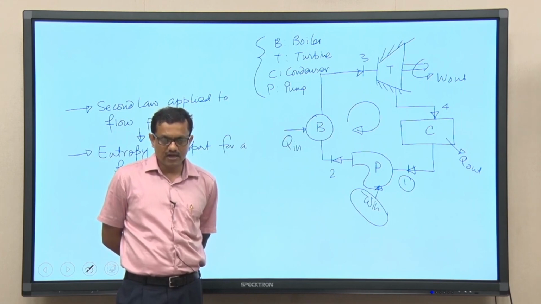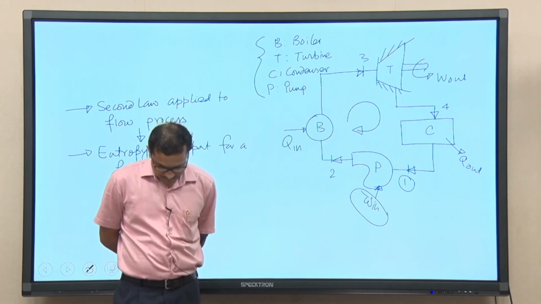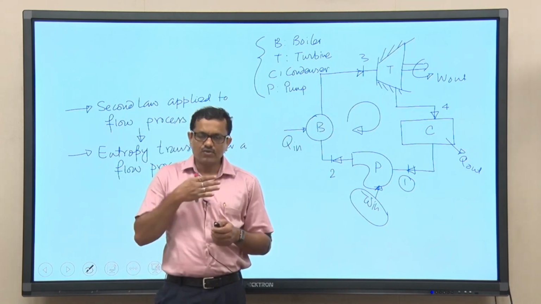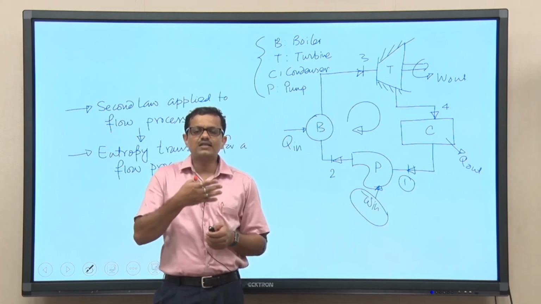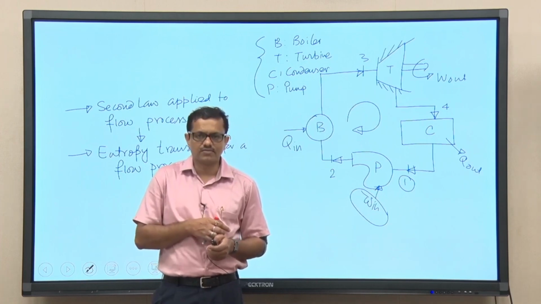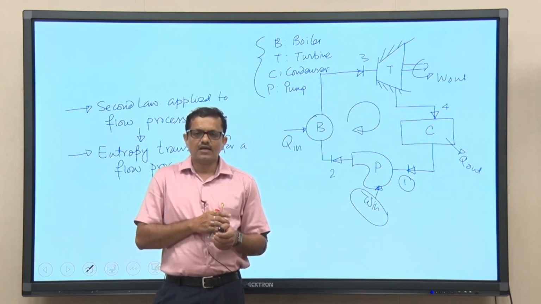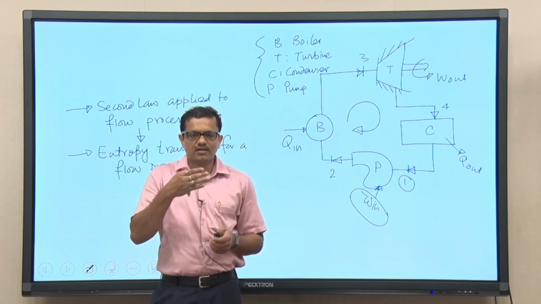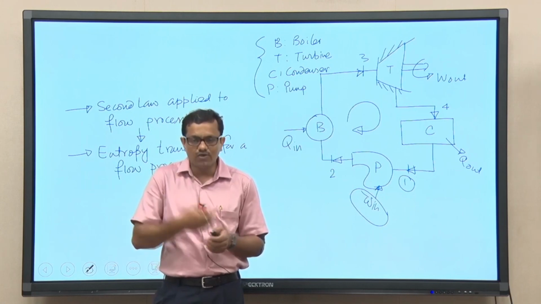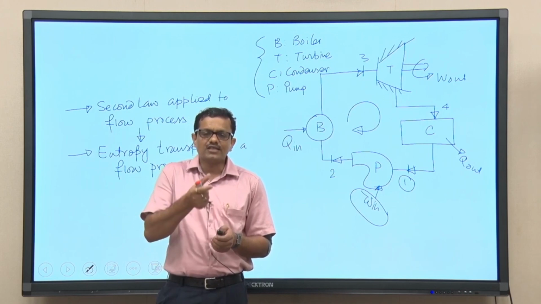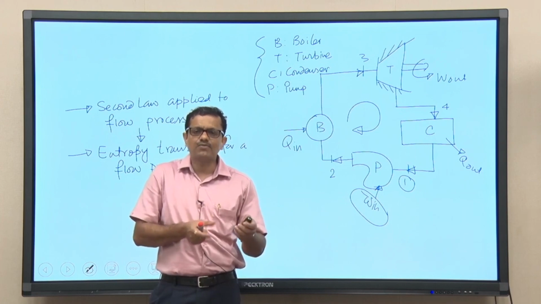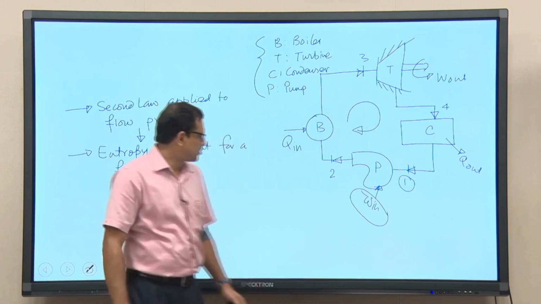So, what I would like to tell you is that our concern is to express the net change of entropy for a flow process. We know how to calculate the net rate of change of entropy for a control mass system. So, if we are targeting to write the expression of the change of entropy for a flow process, that is when the flow is across the control volume, knowing the expression of that quantity for a control mass system, we can write it for a control volume by applying the Reynolds transport theorem.